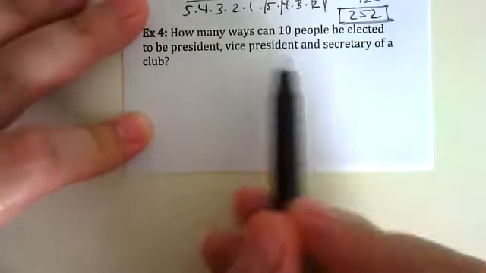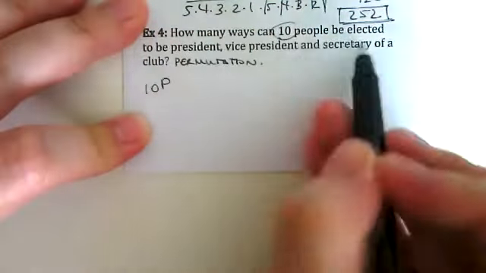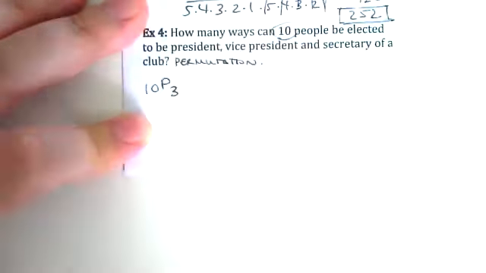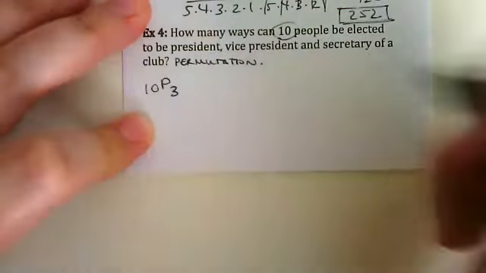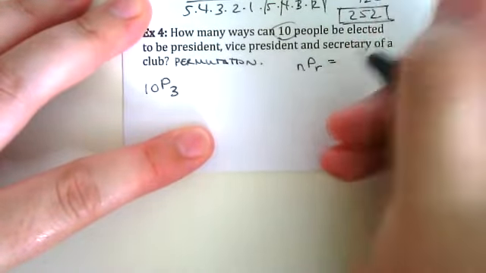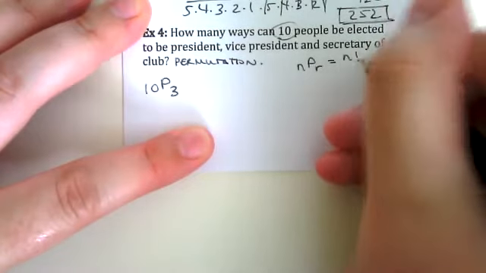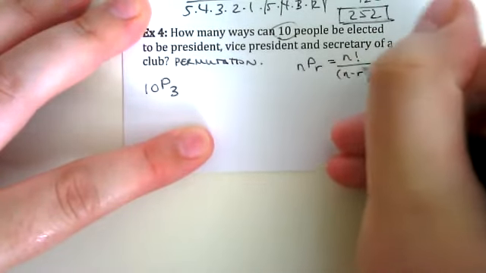Okay, so for this one, this is going to be a permutation. And for this one, I have 10 is my total, and I'm picking 1, 2, 3. So it's going to be 10 permutation 3. So for this one, the formula is a little different because it's a permutation. It's n factorial divided by n minus r factorial.